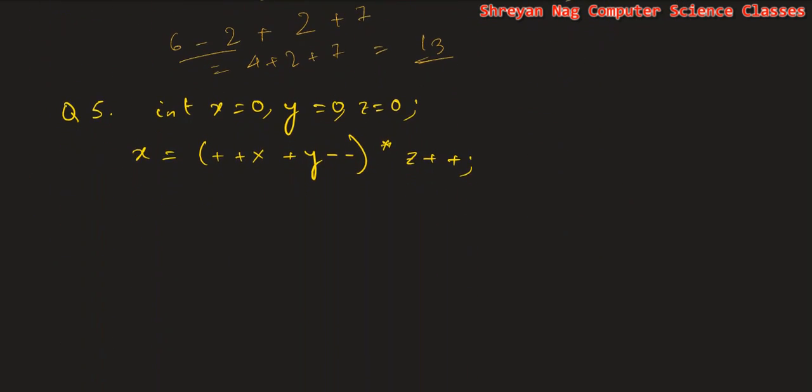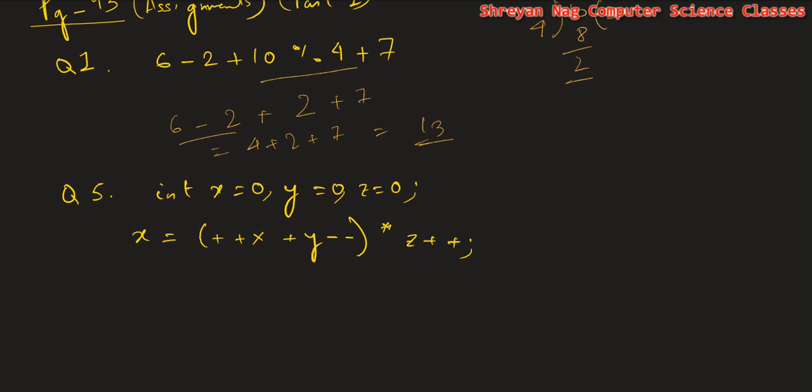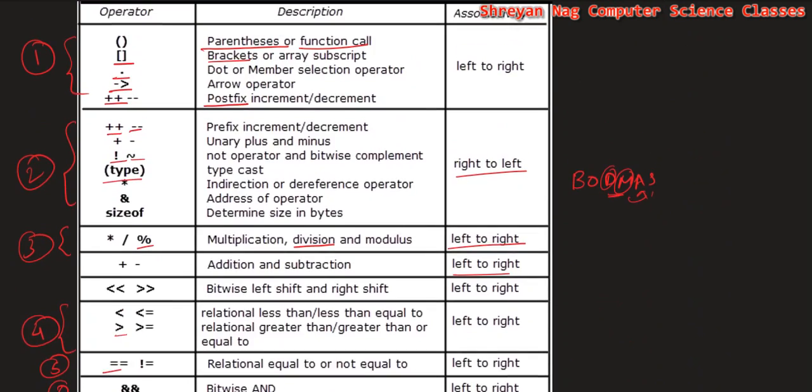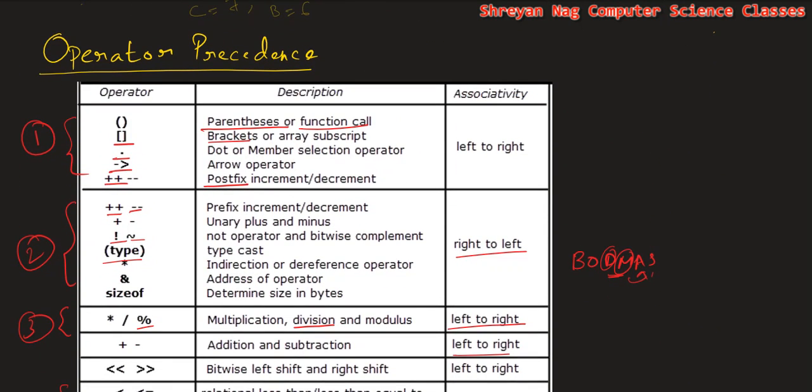Okay, moving forward. Now here you are seeing that plus x. In your previous class I have taught you that in prefix, the value gets incremented first and then gets stored into the assignment operator's variable. Also we have to take into consideration that here we are facing a parenthesis operator, and it is in the very first location, with left to right associativity.